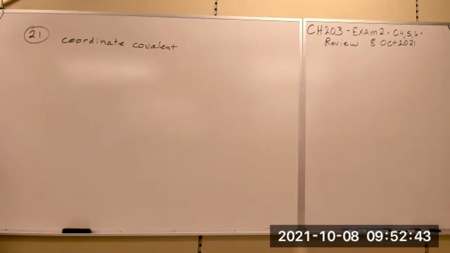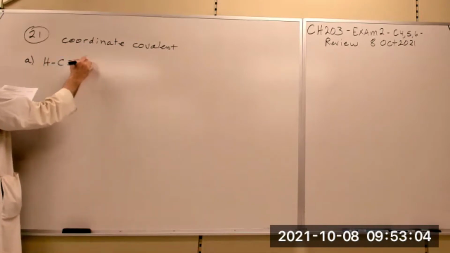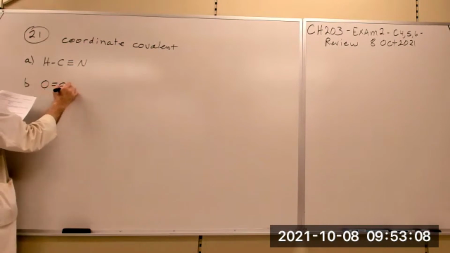But if you can construct the compound, and you could propose whether it's a covalent or not. So we have these choices. HCN is this one.